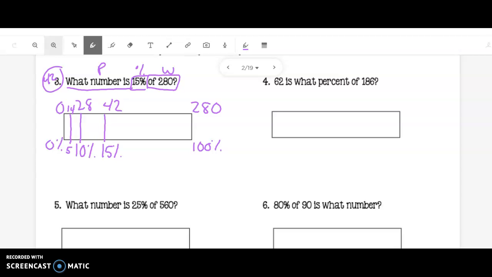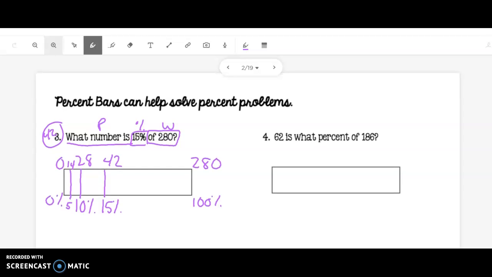Okay, so when I was working out number 4, it's actually a little difficult to use the percent bar for this. So what I want you to do is set it up as a proportion, solve it, and then put your numbers into the bar. So let's break up this number 4 question. 62 is what percent of 160? So that's our whole. 62 is the part, and we're looking for the percent. So let's go ahead and set that up. We've got part, so 62 over the whole, 160, is equal to percent.